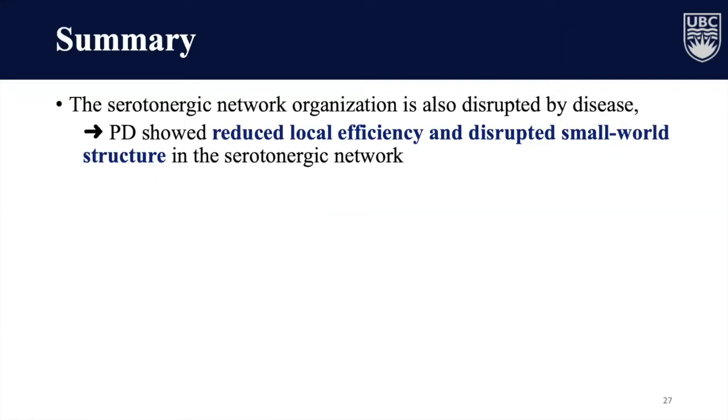So in summary, this is very preliminary results. It shows that the serotonergic network organization is also disrupted by disease. The Parkinson's patients showed a reduced local efficiency and a disrupted small world structure in the serotonergic network.